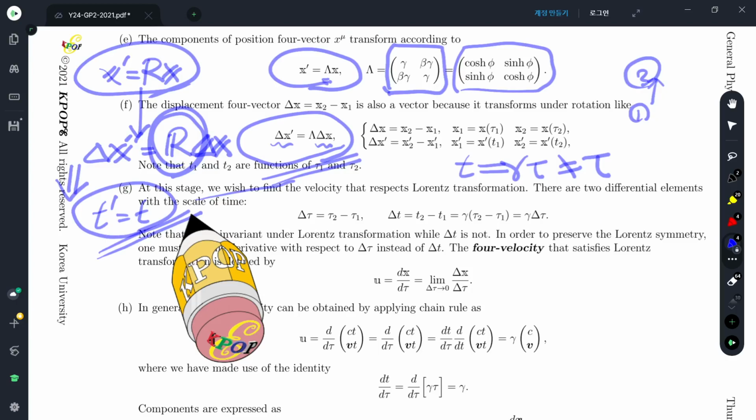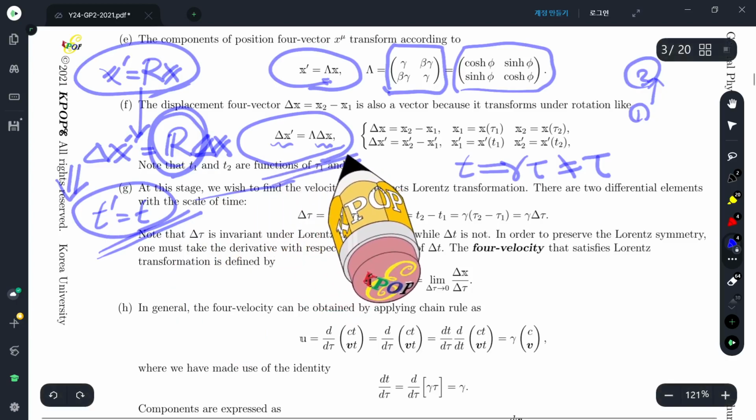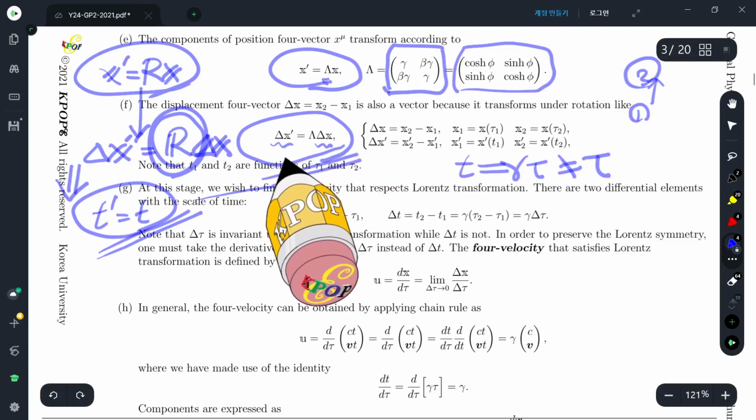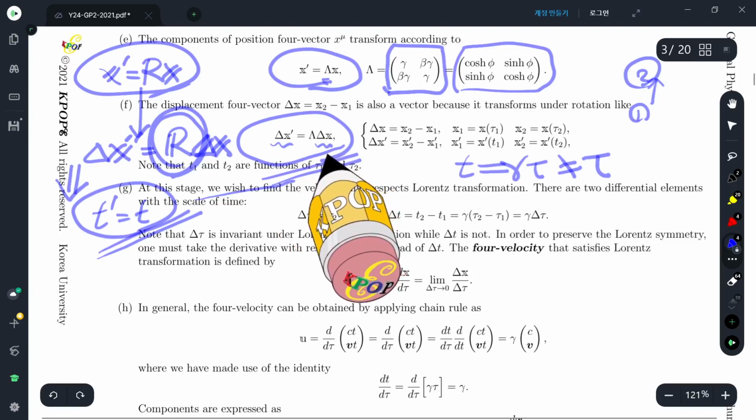But in our case, time is not invariant. So if I want to divide both sides by something, I need to divide this formula by a single time that is not transforming under the Lorentz transformation.